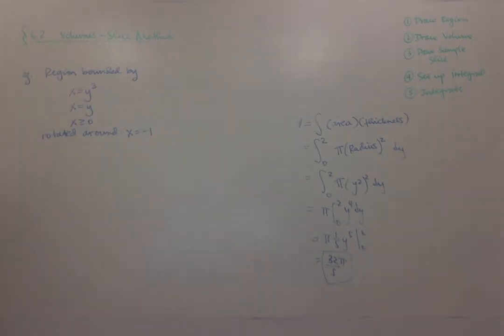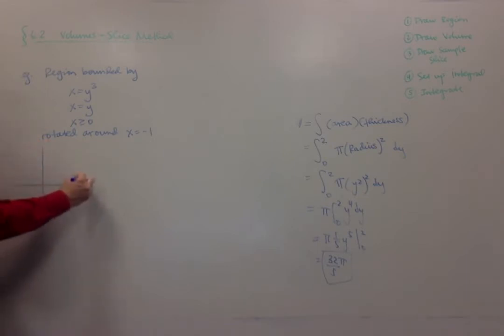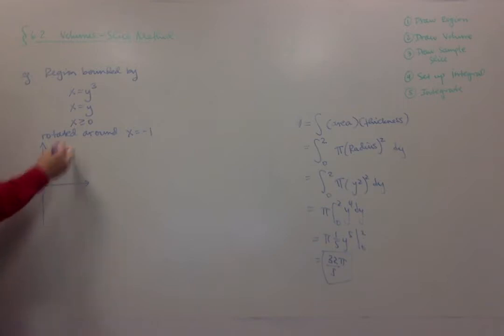Okay. So let's first draw this. X equals y cubed looks like y equals x cubed, rotated, so instead of being your disco man this way, it looks like this. Okay. X equals y looks like y equals x.